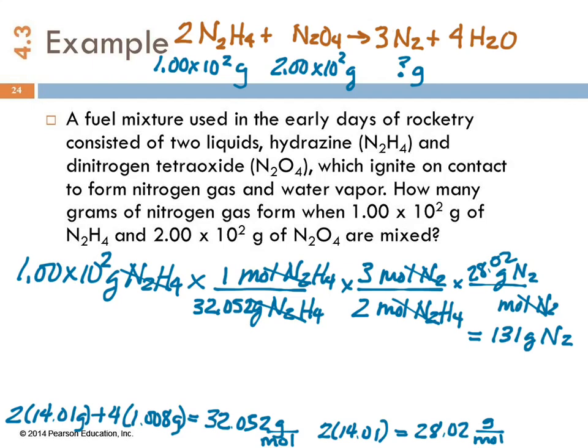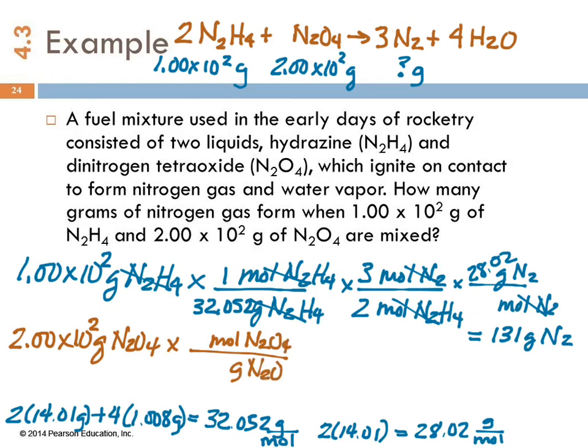And then we're going to do a very similar calculation for the other reactant. 2.00 times 10 to the 2 grams of N2O4. And so this will be moles of N2O4 per grams N2O4.